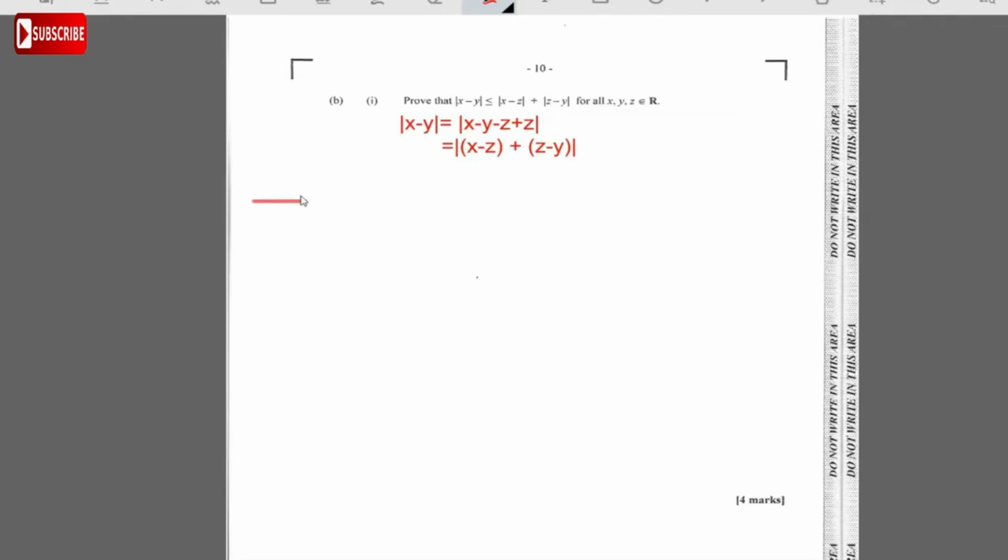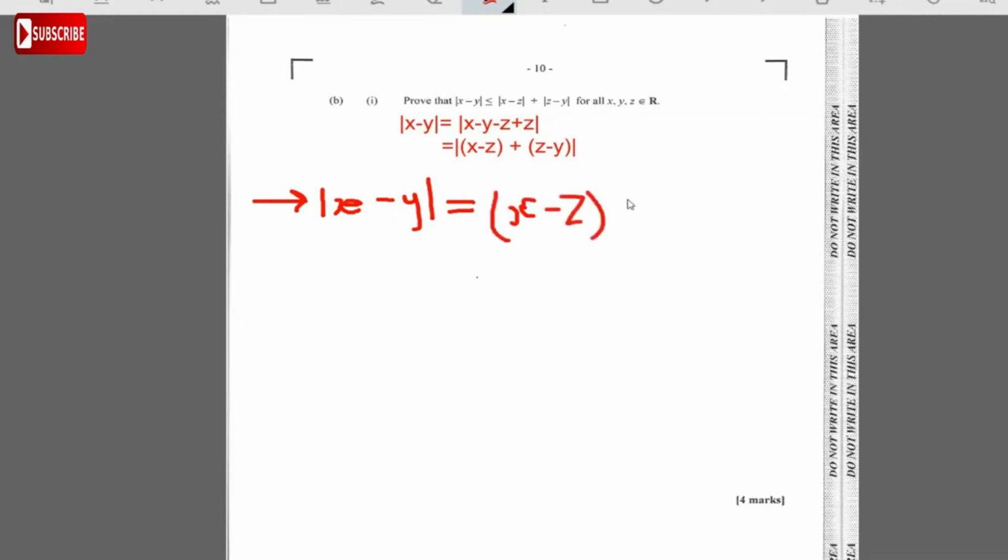So that implies, what does modulus mean? That implies that the modulus of x minus y is equal to this square plus this square, square rooted. That's equal to x minus z square.